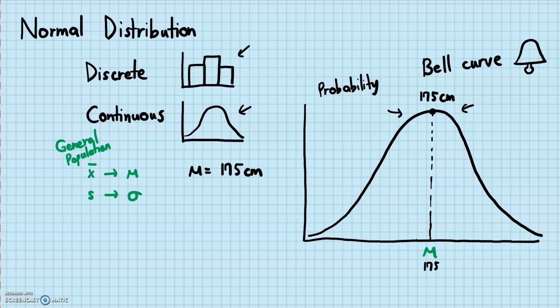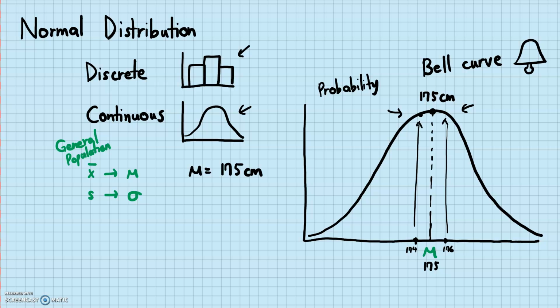So let's say you're considering like right there. These people, these might be 174 and 176, okay? There are also lots of people who are 174 and 176, because they're not that far away from the mean.